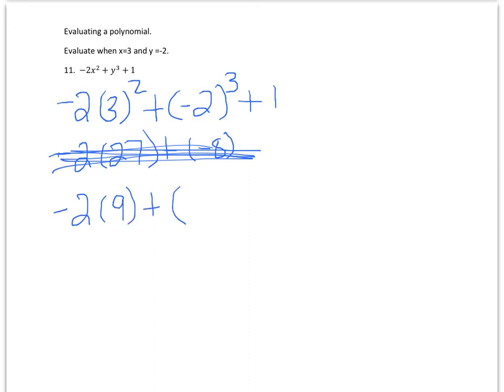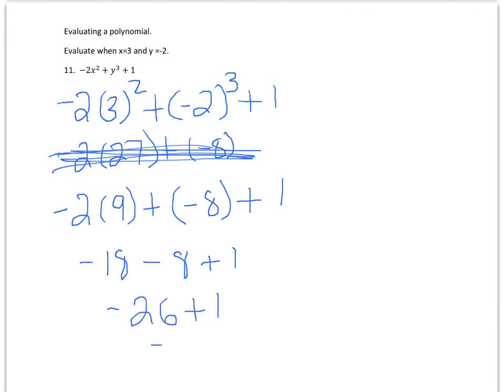Plus negative 2 to the third, negative 8. Now, you have to be careful. If you need to use your calculator for this, which you shouldn't, and you don't include the parentheses, it can give you wrong answers. We've gone over that many times. Now let's look. Negative 2 times 9, negative 18. Plus a negative means minus 8 plus 1. Negative 18 minus 8, negative 26 plus 1, negative 25.